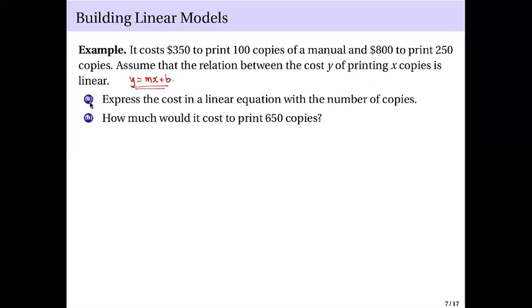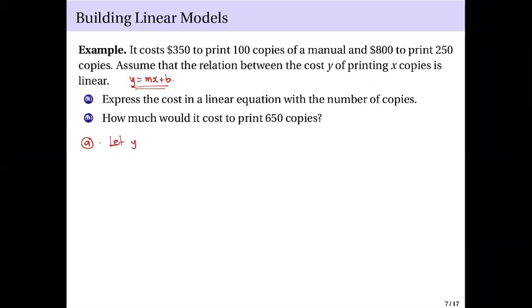So here, for letter A, we want to express the cost in a linear equation with number of copies. In short, we need to find the value of m and b. And then for letter B, since we now have the model, we want to find how much it would cost to print 650 copies. Okay, so let's start with letter A.